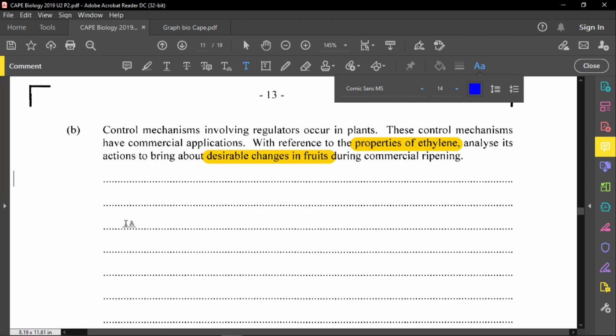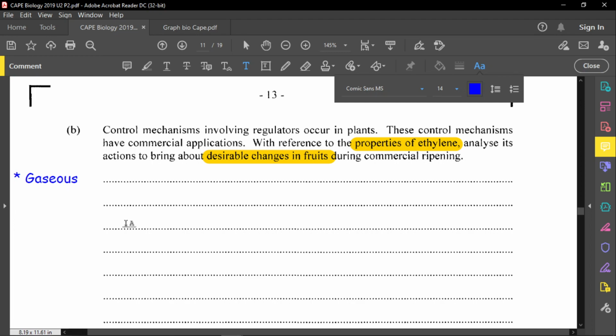The first thing I want to talk about in terms of properties is that ethylene is a gaseous substance. In fact, I could also say that it's the simplest alkene gas, because it has only 2 carbons, and it is from the alkene homologous group.